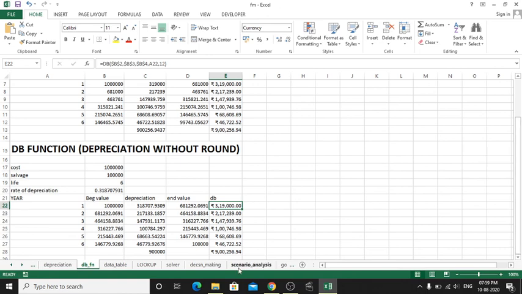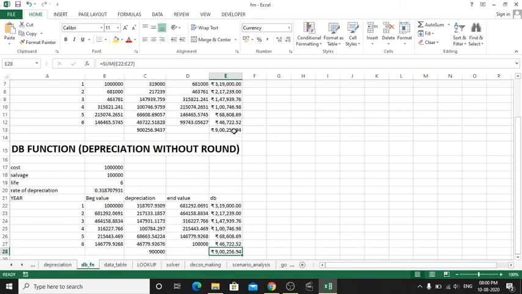Finally, with the sum we get a difference of 256 in these two tabulated values, but with the DB function it will be the same. So in real life calculation a small loss of money may occur, but if we use the Excel function it won't show any change.